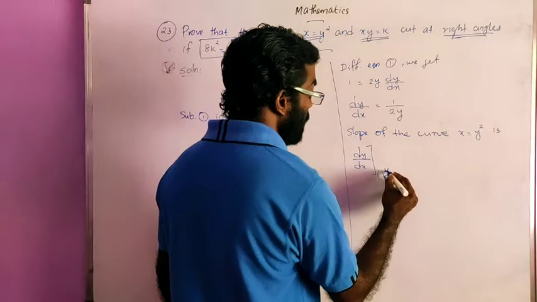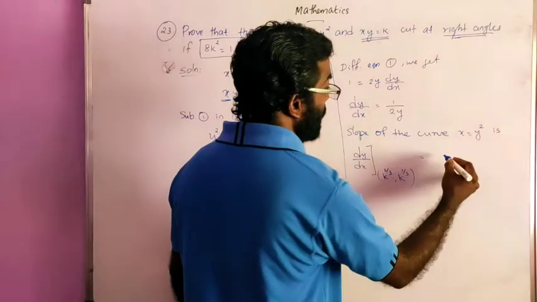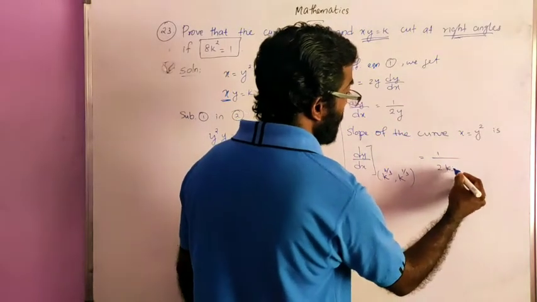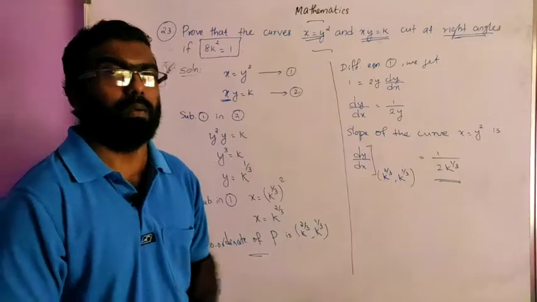Here we can replace the value, that is 1 by 2 into y, 2 k raised to 1 by 3. Okay, this is the slope of the first curve.